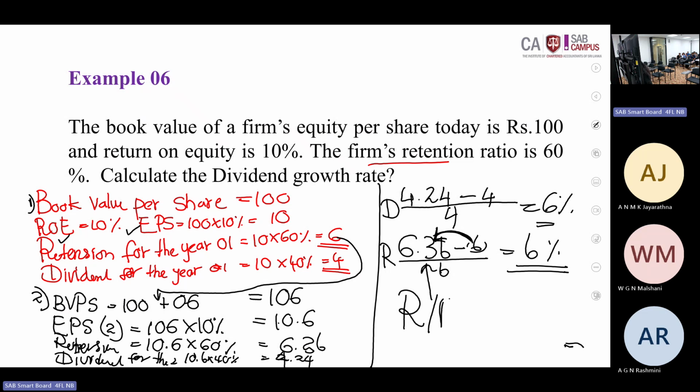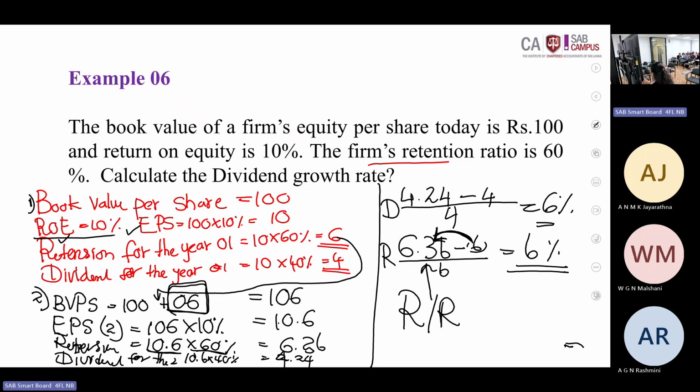Retention ratio. Is that only? No, right? Because retention is 60, retention multiplied by 10.6. Last year, 6. That is the retention ratio. That's one thing. Other than that one, we have what?